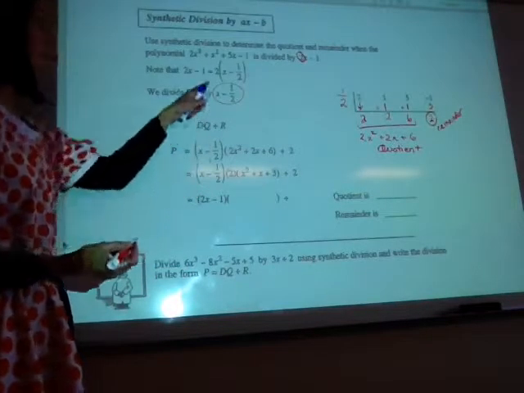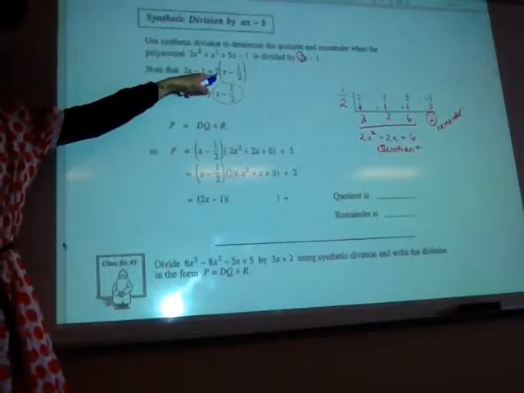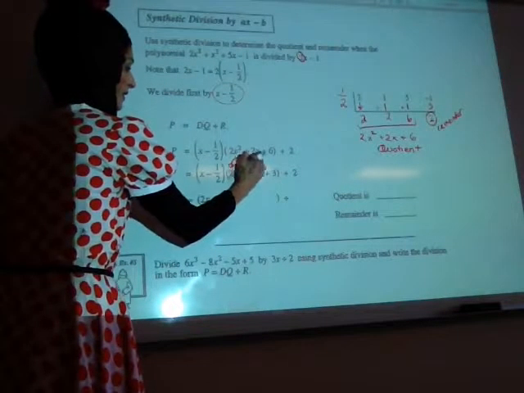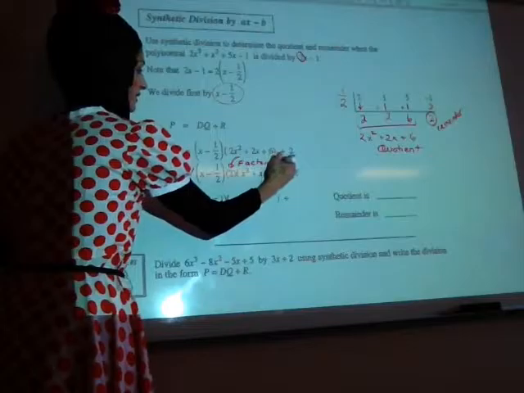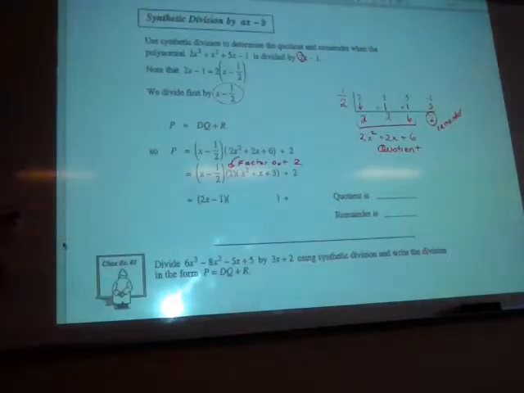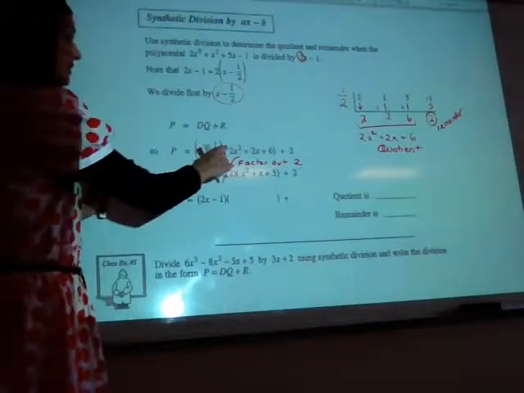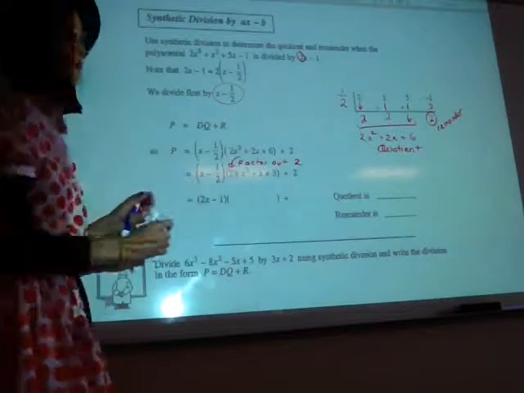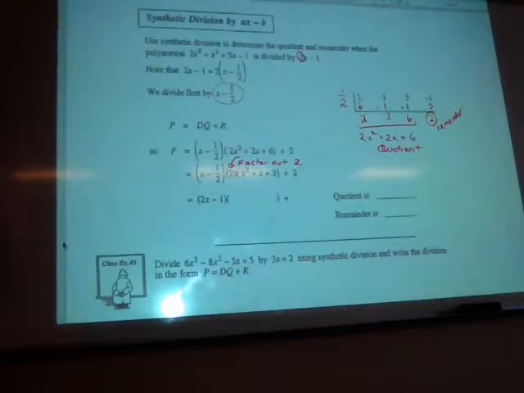And surprise, surprise, it's the 2 that we factored out originally. So factor out the 2. And that leaves this quotient looking like x squared plus x plus 3. We divided each term by 2.